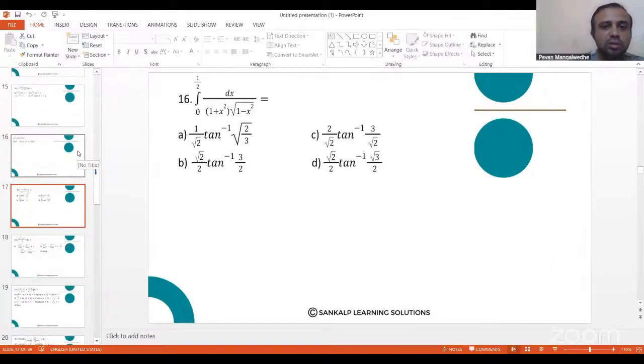Sixteenth question. The integration from 0 to half of dx upon 1 plus x square into root of 1 minus x square. What is the value of this? Again, I will give you 10 to 15 seconds. Just try this.